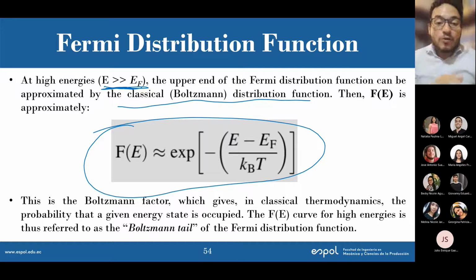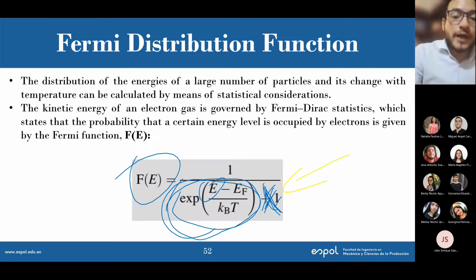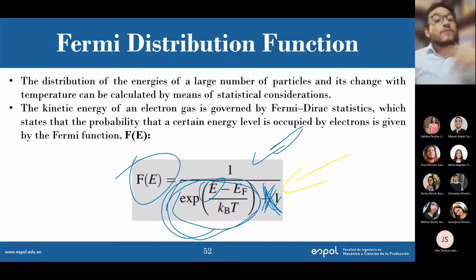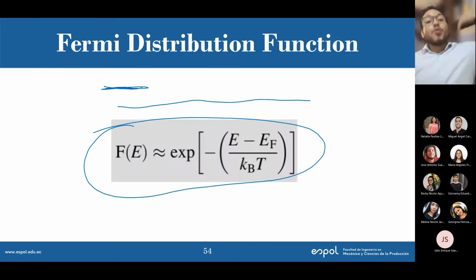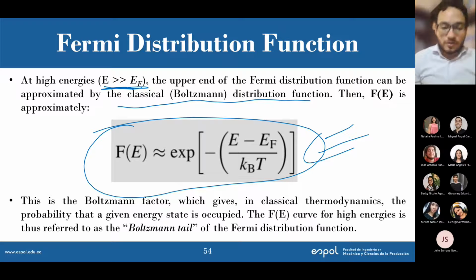So now you have two distributions. The Fermi-Dirac one is the full one, right? And if I have energies way above the Fermi energy, then Boltzmann said we can use just this part of the equation. This is known as the classical Boltzmann distribution function, and this actually came from classical mechanics.